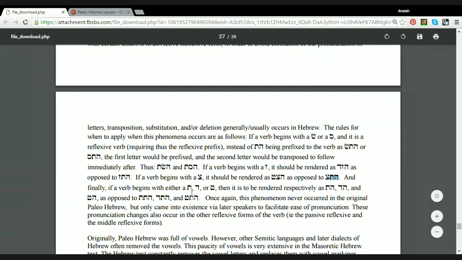And then finally, if a verb begins with a t, a d, or a th, then instead of et whatever, the t is removed. So you have et, ed, and eth instead of ett, etd, and etth.